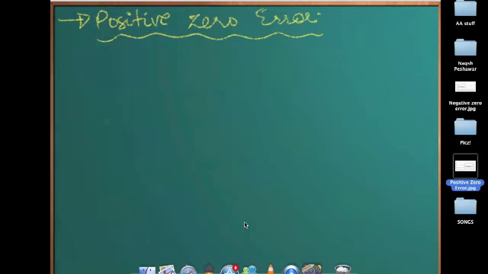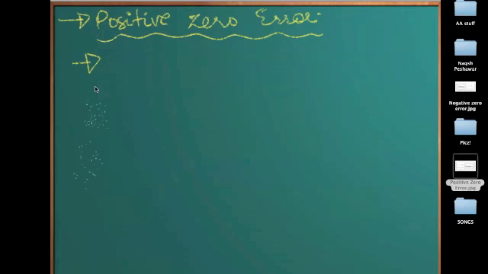So a positive zero error means that there is already a little bit of reading when I'm closing it. So you can see here, we are already ahead in this case. We just saw that the 8th mark was coinciding.